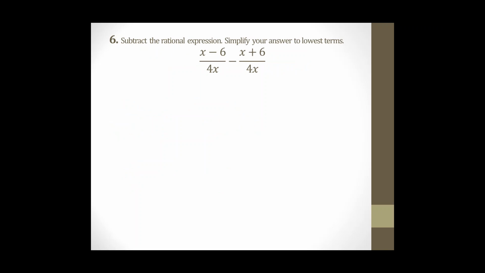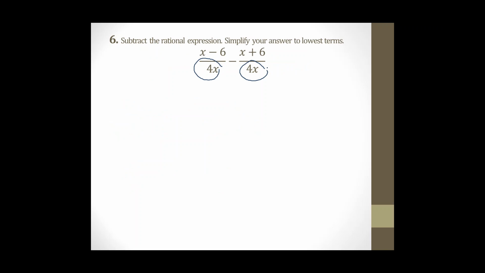So number 6, subtract the rational expression, and we're going to simplify your answer in lowest terms. So you want to remember, to add and subtract a rational expression, you have to have common denominators. And so luckily, what we notice here, we do have common denominators. The denominator for both expressions is 4x.